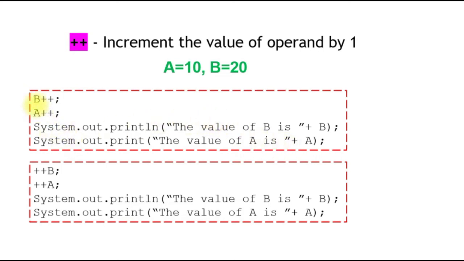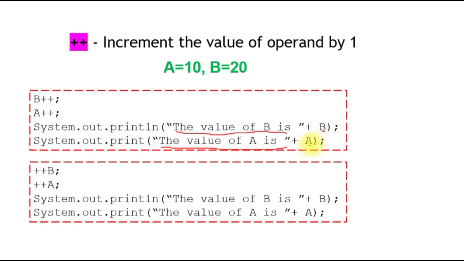So dito, meron tayong statement, b++, a++, and then System.out.print, the value of b is b. System.out.print, the value of a is a. So dito yung output natin, lalabas yung word na the value of b is at saka the value of a is. So dito, ano yung magiging output natin dito?